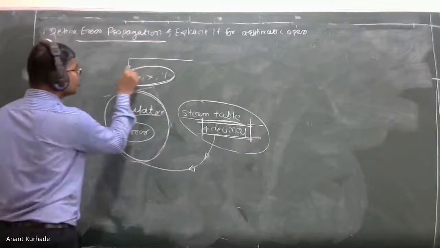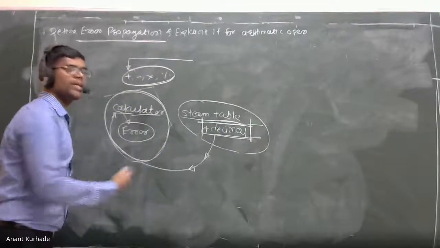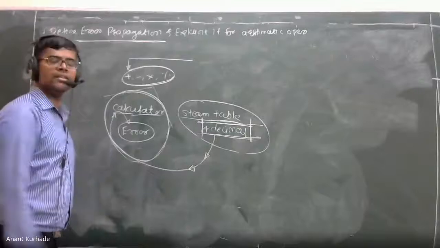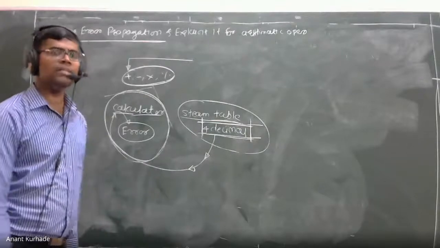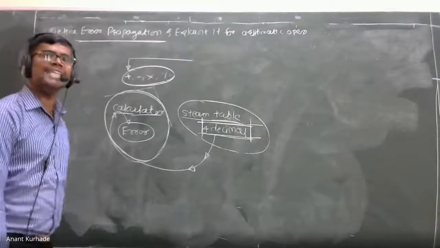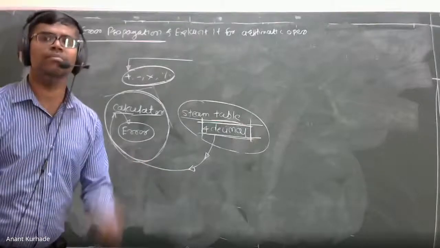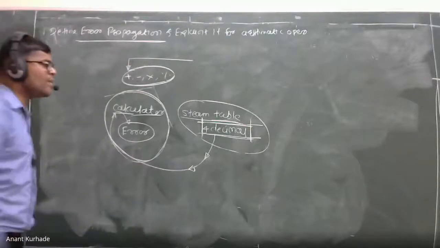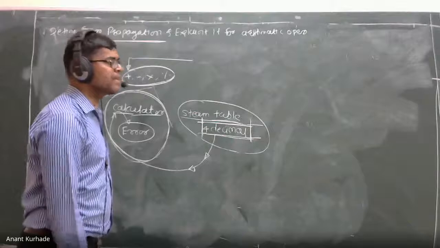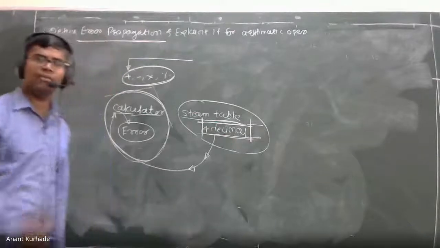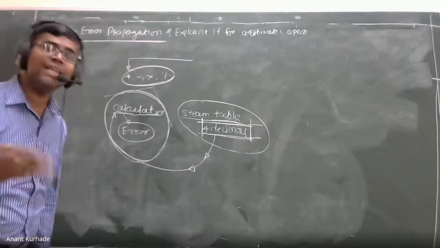Now, to show the error propagation, what is the basic requirement? How many numbers do we need to add? Let's consider we have 4; number one is 4, and it requires a second number.